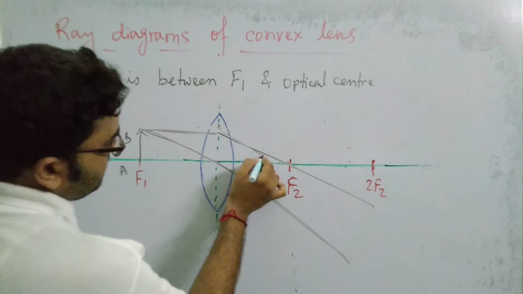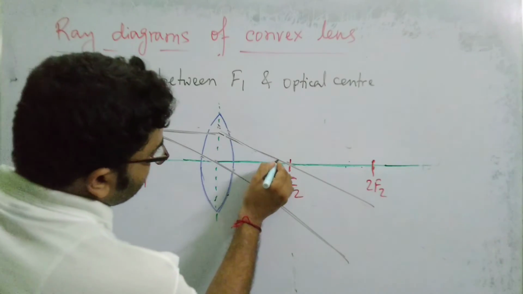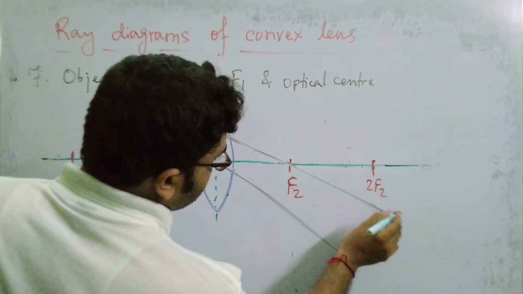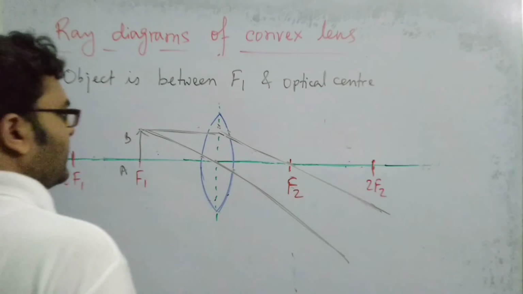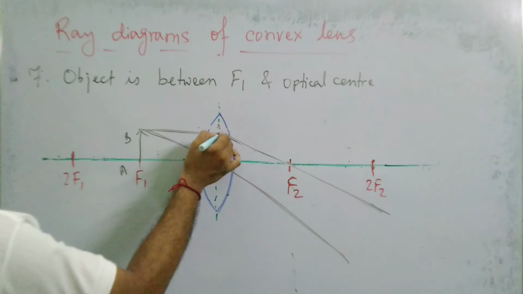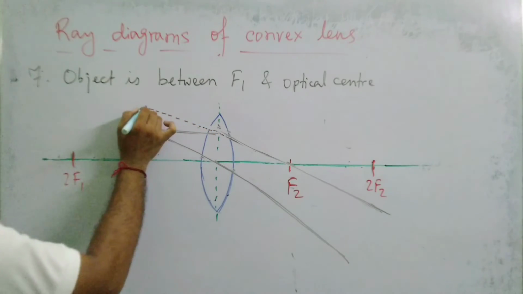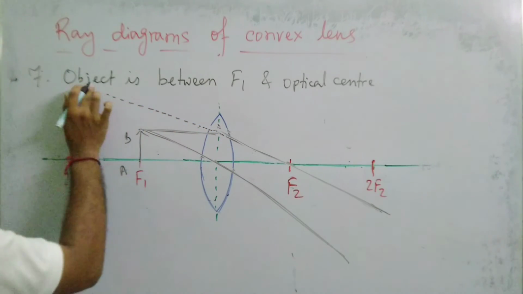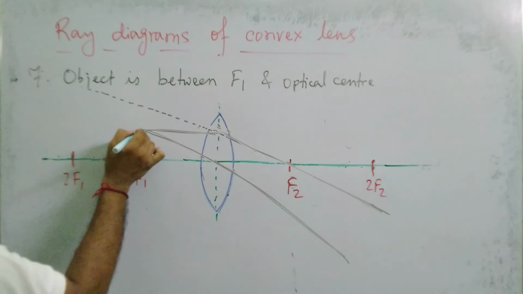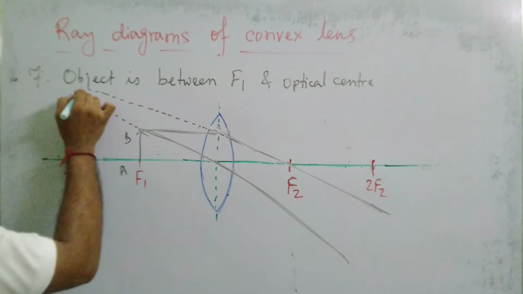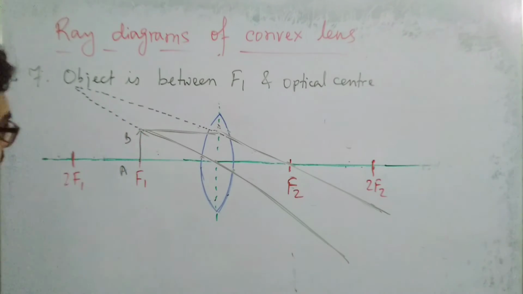Now you see, if I consider the two rays, they are actually getting diverted like this. So if I just trace it back, okay, I am drawing the figure a little bit, okay, like this. It will trace it back.